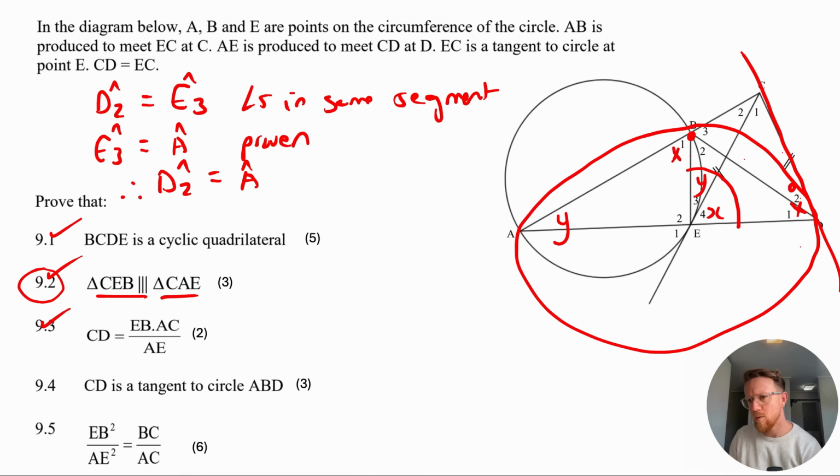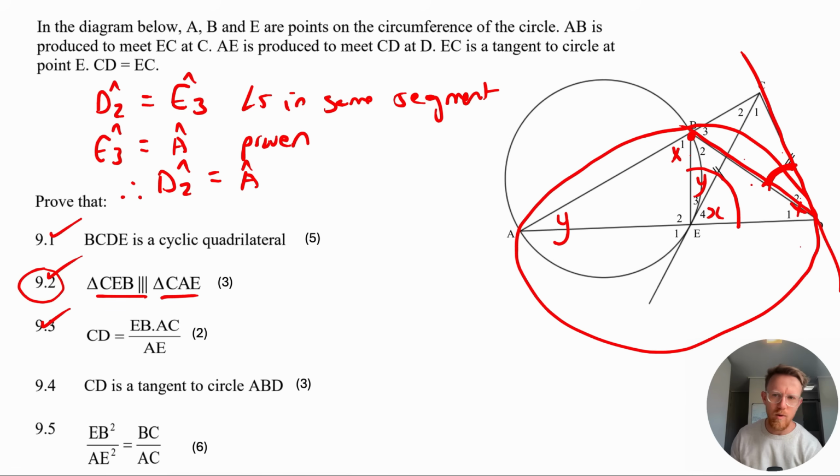Because once again, if you have a tangent and you have a chord, and you have the angle in between that chord and the tangent, then that angle must be the same as the angle that that chord makes inside the circle.